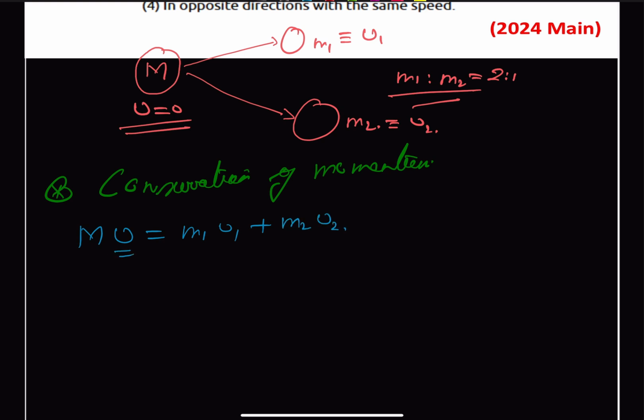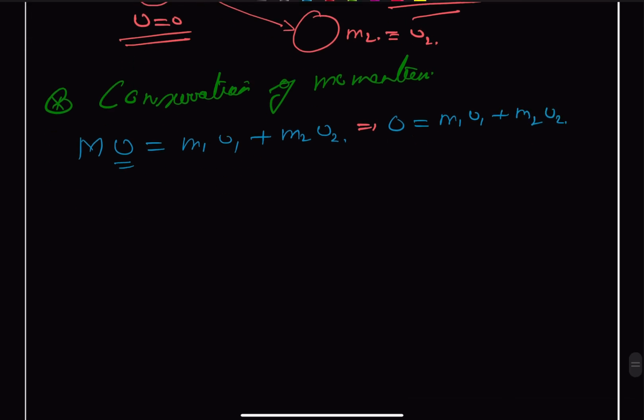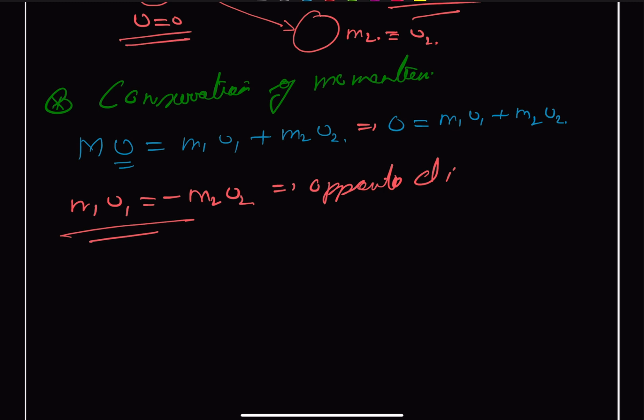Initial velocity is 0. Therefore, 0 is equal to m1 v1 plus m2 v2. We can write this as m1 v1 is equal to minus m2 v2. The negative sign means the direction will be opposite. So we are going to have opposite directions.